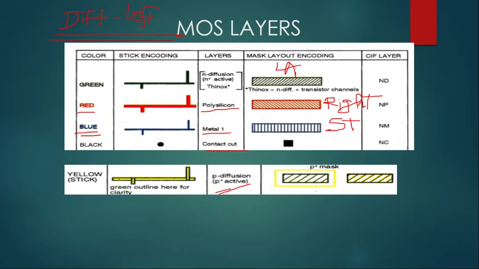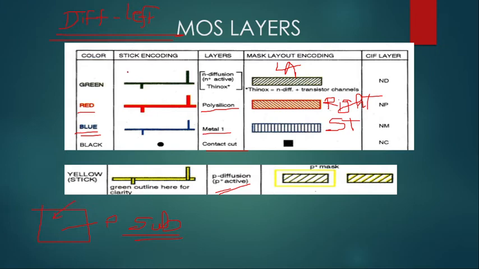As far as stick diagram is considered, when you are using some tool to make this stick diagram and layout, it is observed the screen you are having is a P type substrate. The screen you are having is P type substrate, and then you are making N type diffusion into it.